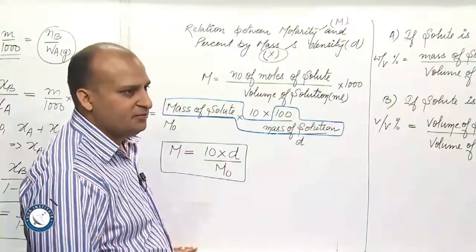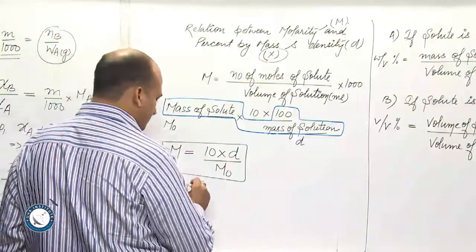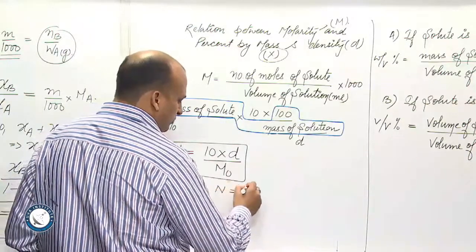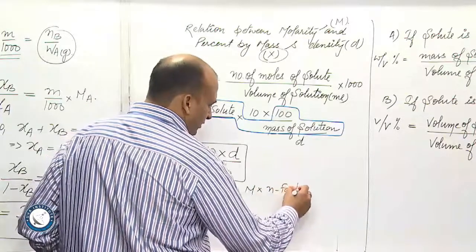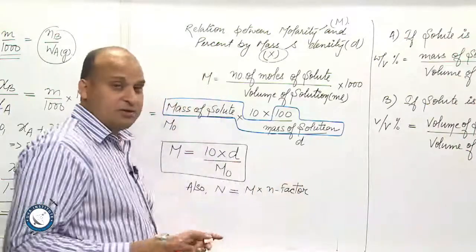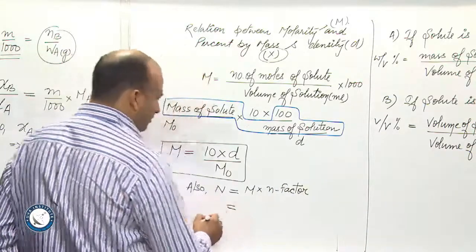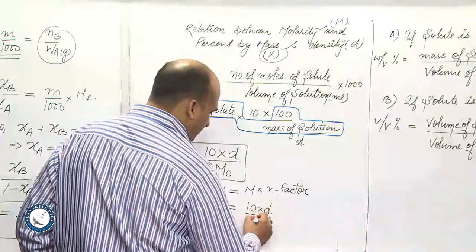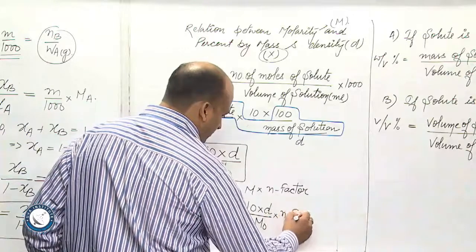Fine. Now, what is the relation between molarity and normality? Normality is equal to molarity multiplied by n factor. Right? Now this is very important because you will not find this elsewhere. Let me tell you, this will be 10 x d by M naught into n factor.